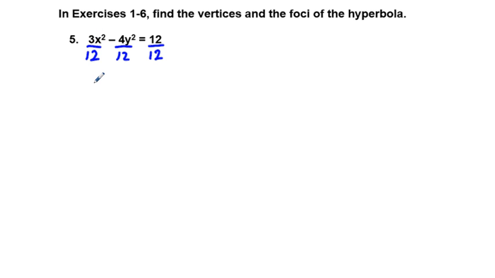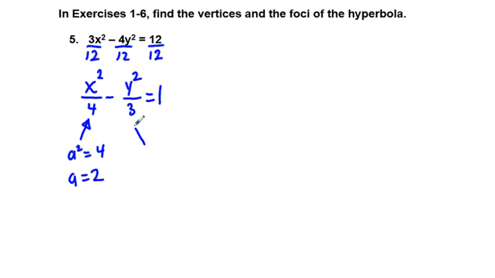So what that translates to is x squared over 4 minus, now 4 over 12 is 1/3, so we're going to get y squared over 3, and 12 over 12 equals 1. And so in this case, a squared is 4, and so our semi-transverse axis itself is going to be the square root of 4, which is 2.